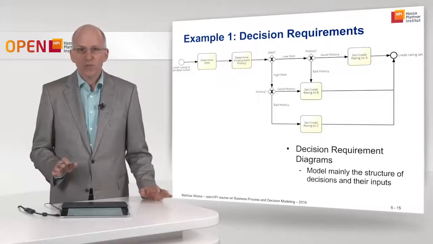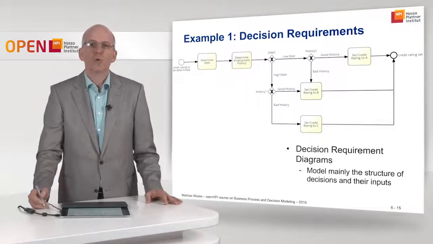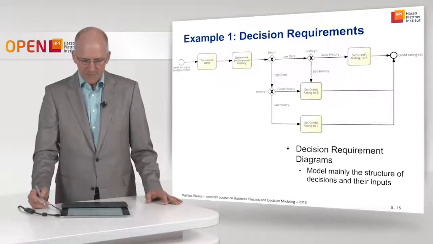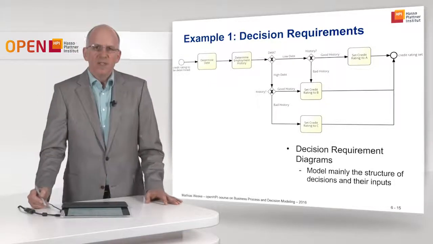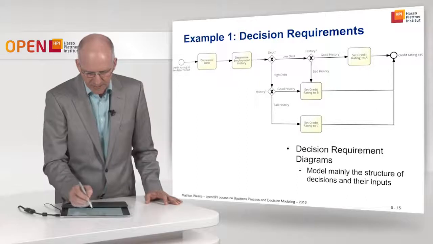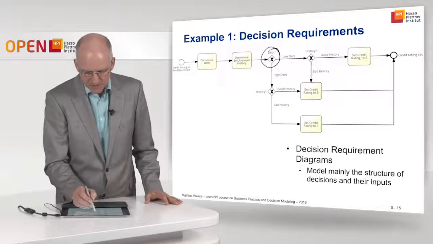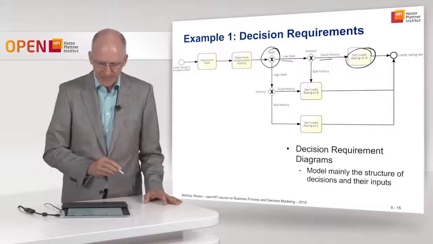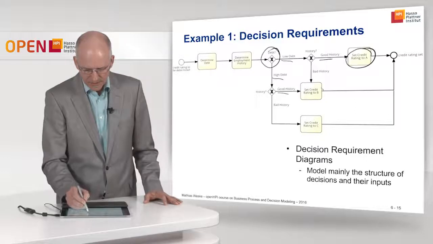So here we have a process that uses information about the debt of the applicant and the employment history to set a credit rating, either to A or B or C. Looking at this in a bit more detail, we have first the decision about the debt, and when the debt is low and the history is good, I come to credit rating A. When the debt is high and the history is good, I come to B. I also come to B when the debt is low and the history is bad.